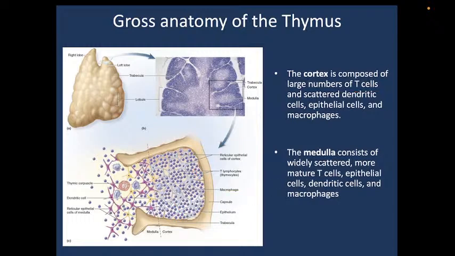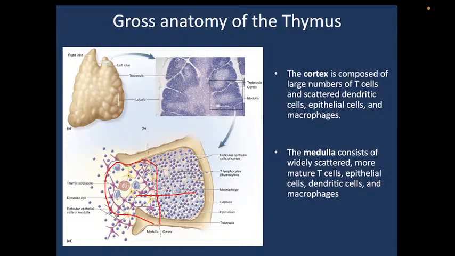The medulla, the internal part of the lobule, consists of widely scattered more mature T cells, epithelial cells, dendritic cells, and macrophages.